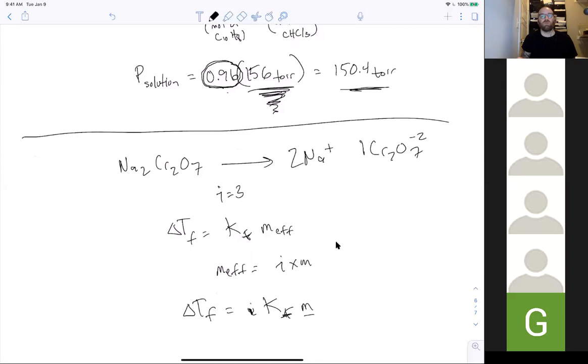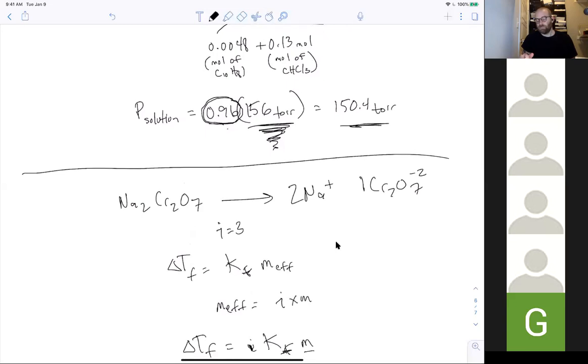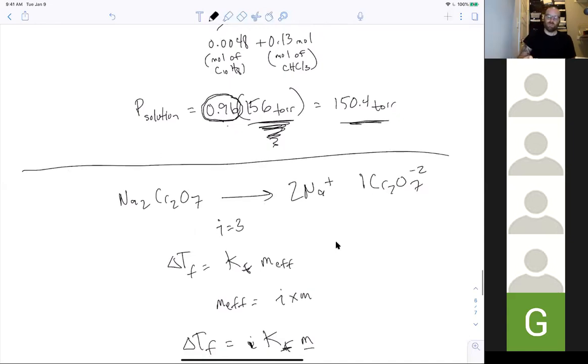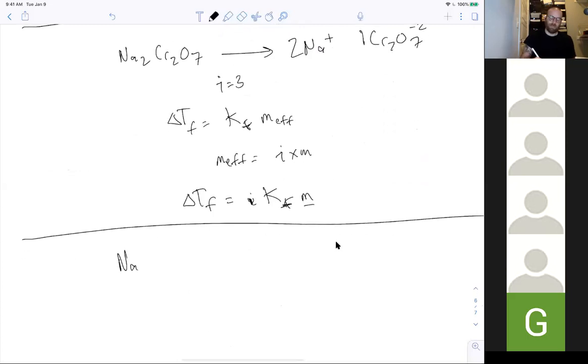Why doesn't a dichromate break up? The short answer is it's just one of the polyatomic anions, and you just kind of have to memorize those and know that they don't break up. It's the same reason that if you have sodium sulfate, that goes to two sodium plus and sulfate.